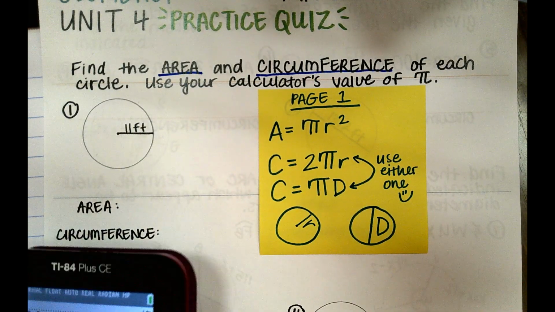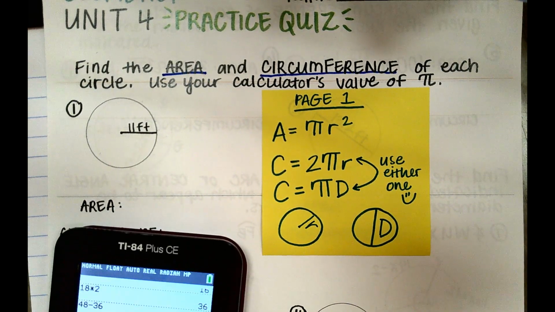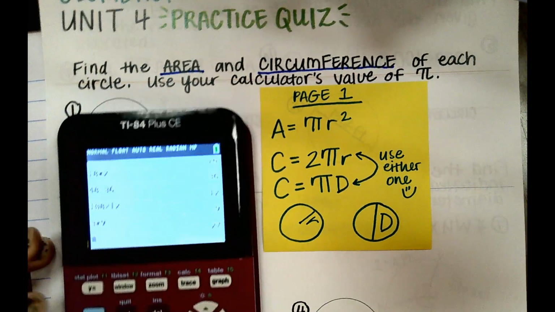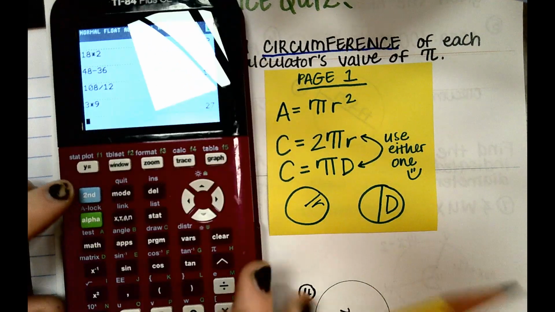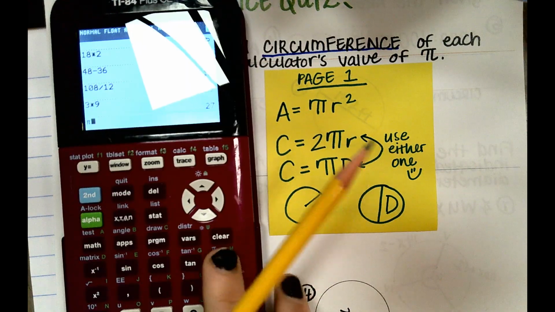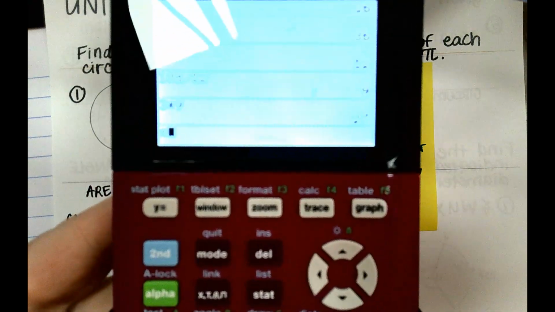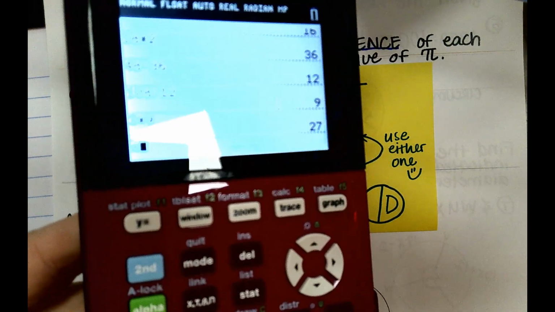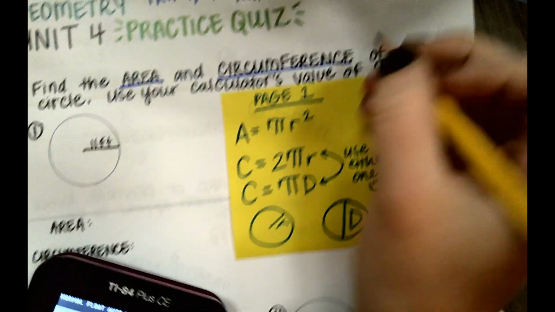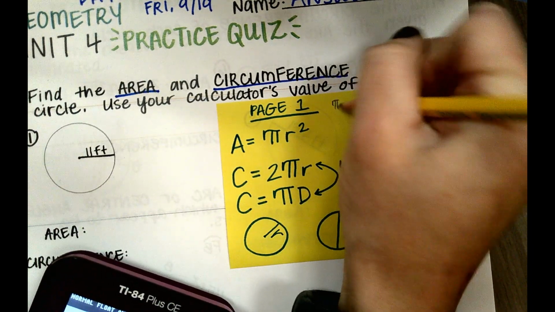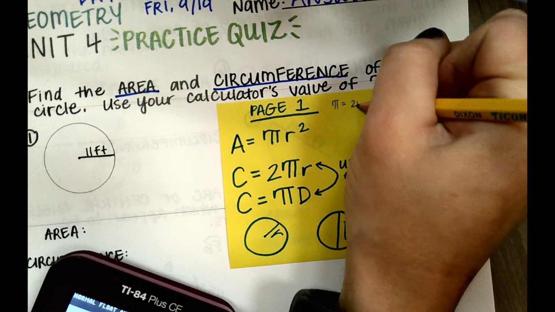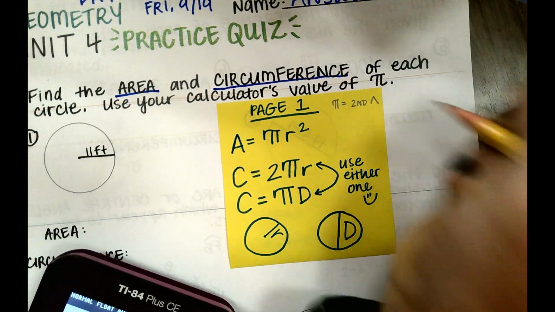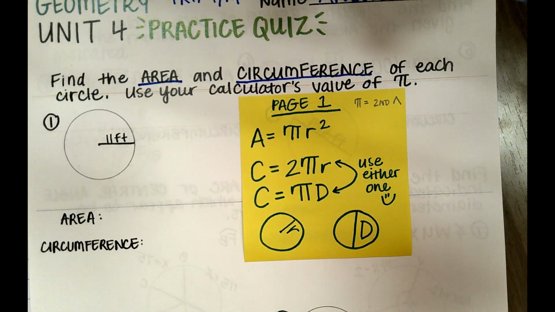So if this is something you think you might forget day of the quiz, it's not a bad idea to also make a note that to use pi, we hit the second button and the up arrow, and there is a pi on there. So I could write pi is second up. You may not need to write that note, but if you think it'll help, it's not a bad idea.